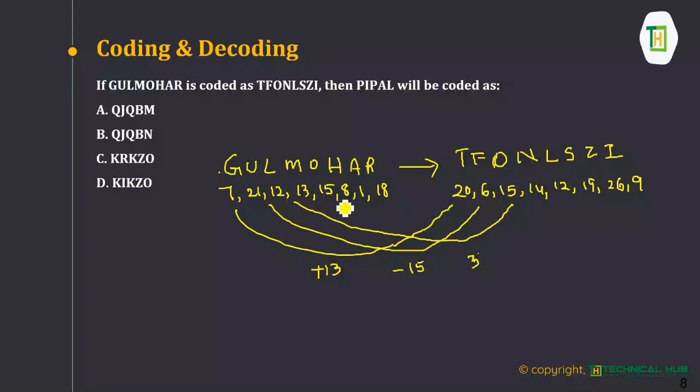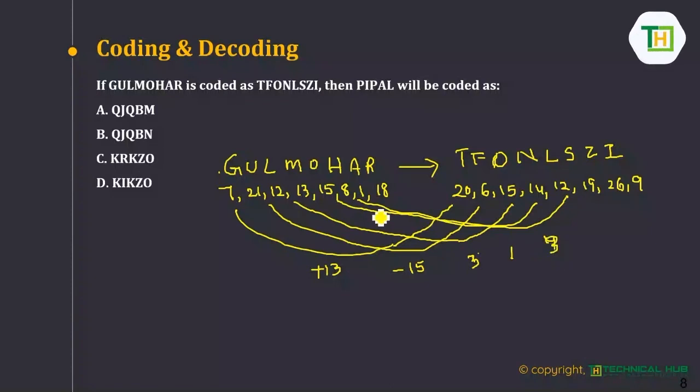And 15 is changed to 14, means subtract 1. 8 is changed to 12, means adding 4. Sorry, 15 is changed to 12, means subtract 3.